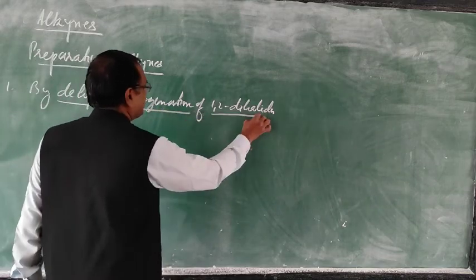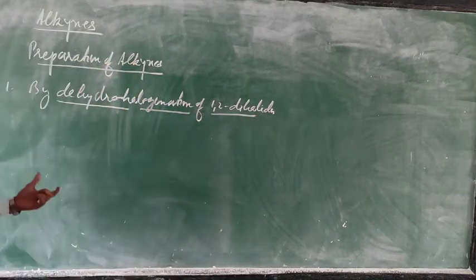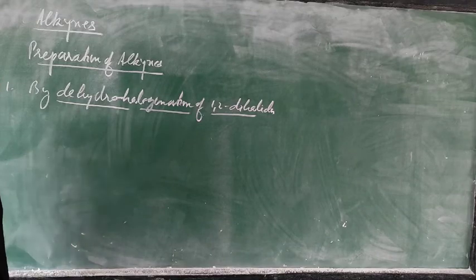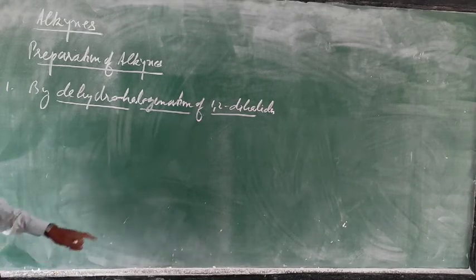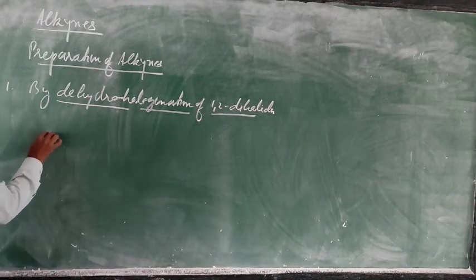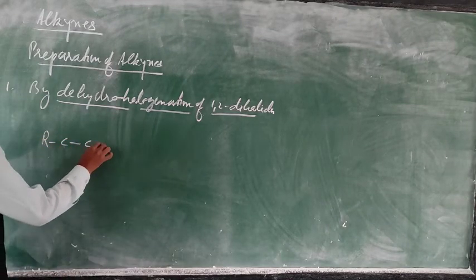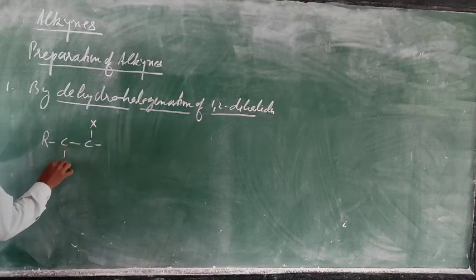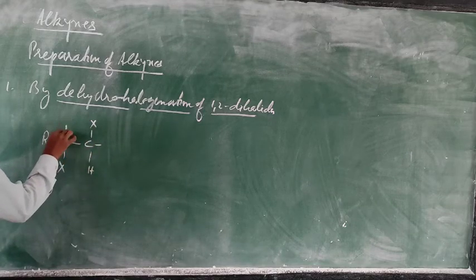As the term suggests, dehydrohalogenation is the removal of an HX molecule, and it is given that the halide is present on the first and second carbon. So this carbon has X, then H.